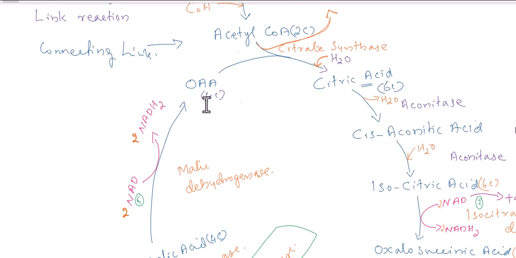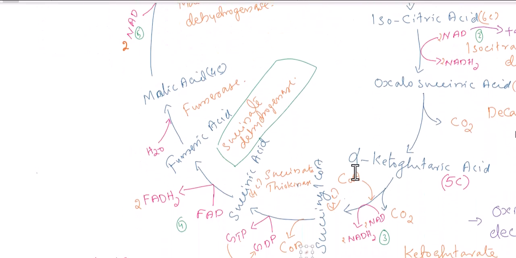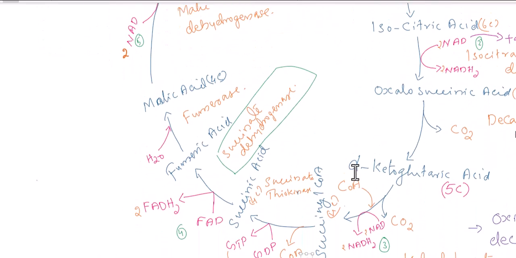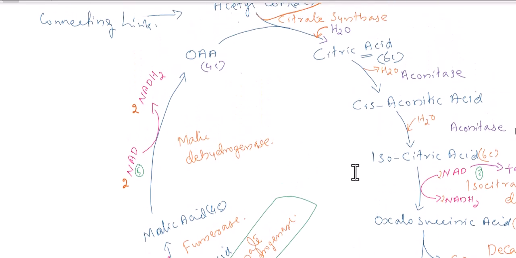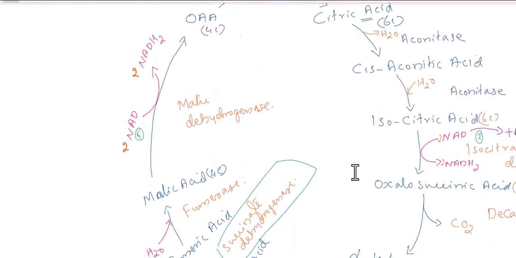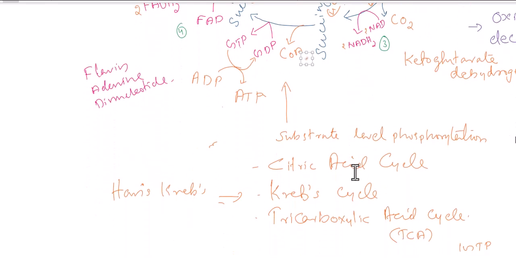This is the overall process, so the cycle continues like this. Oxaloacetic acid is regenerated, then again it can combine with acetyl coenzyme A, and the same process repeats. So this is a cyclic set of reactions. It was discovered by Hans Krebs.